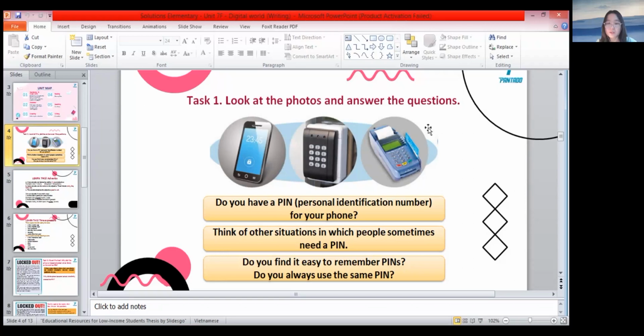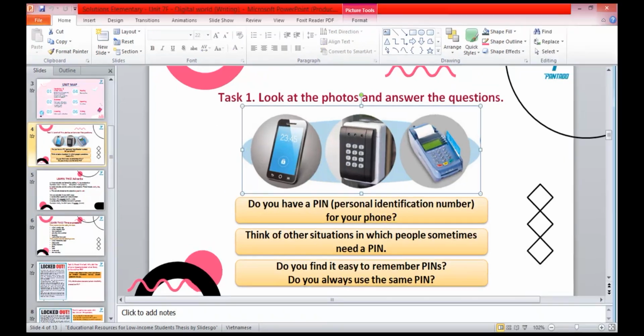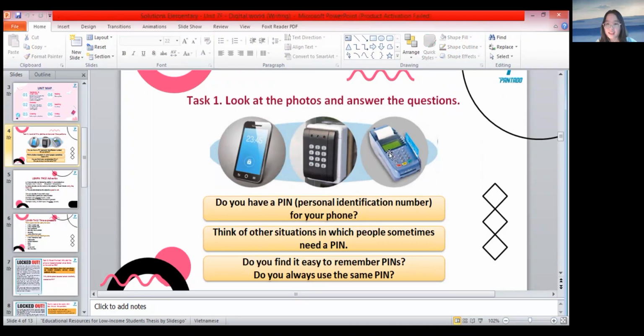Now, first of all, let's look at some photos here. We have a phone. We have, what is it? It is like the key lock of the door. And this is like, what do we call this one? This is like the cashier, let me check this.